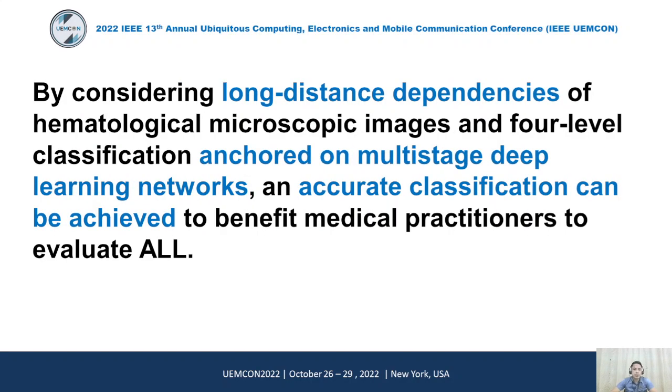By considering the long-distance dependency of microscopic images, in a 4-level classification anchored on a multi-stage deep learning network approach, we can produce an accurate classification to benefit medical practitioners to evaluate acute lymphoblastic leukemia.